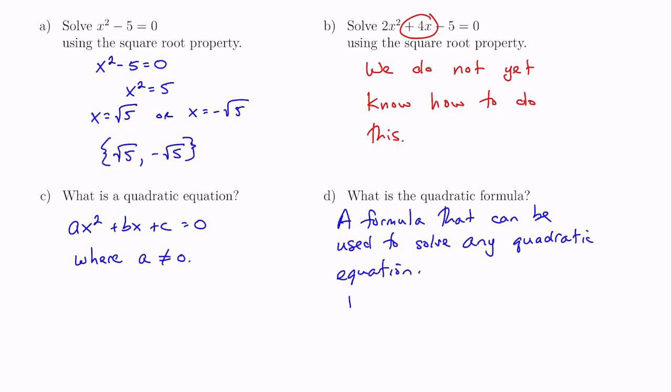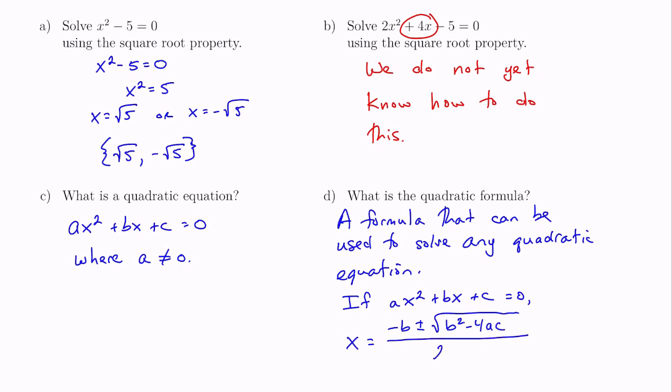More specifically, if the equation we are trying to solve is ax squared plus bx plus c equals 0, then the solutions are x equals the opposite of b plus or minus the square root of b squared minus 4ac, all of that over 2a, where the a, the b, and the c reference the a and the b and the c from the quadratic equation that we're solving. This formula can be used to solve any quadratic equation that we could come across.